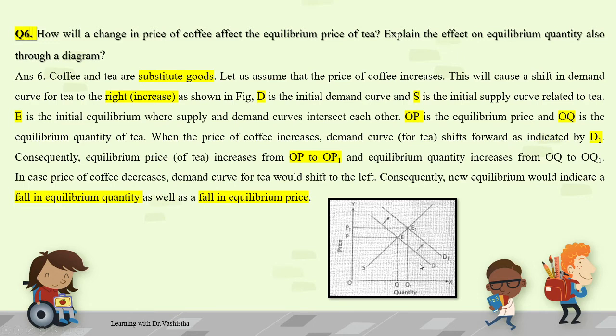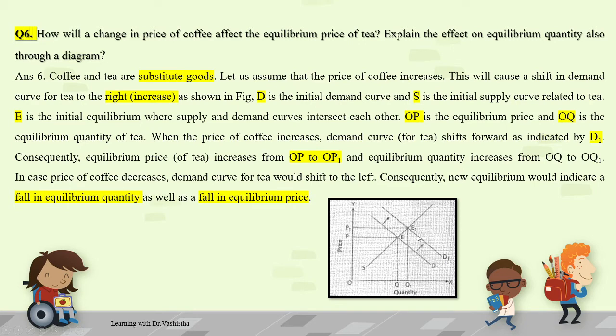That can be shown in the figure here. D is the initial demand curve. S is the initial supply curve related to tea. Now E is the equilibrium where supply and demand intersect each other and are equal to each other. Simultaneously, OP is the equilibrium price and OQ is the equilibrium quantity of tea. Now what happens when the price of coffee increases? The demand curve for tea shifts forward as indicated by D1, this curve that shows an increase.